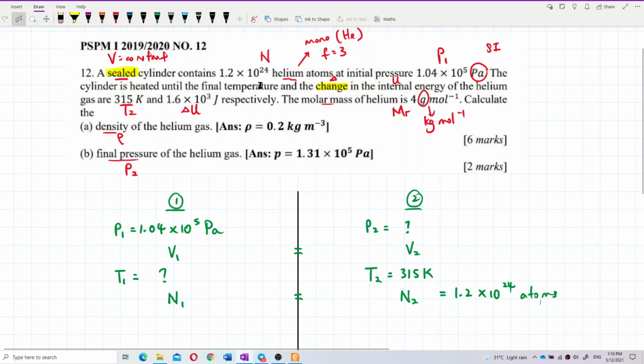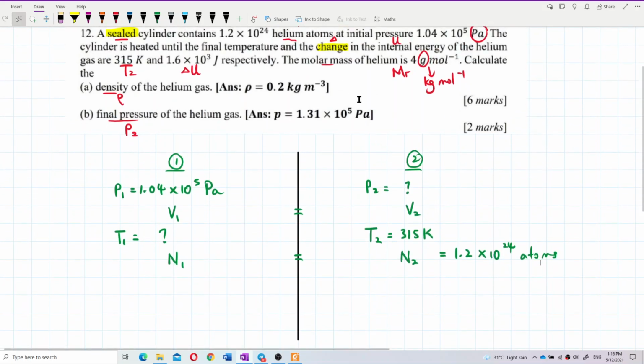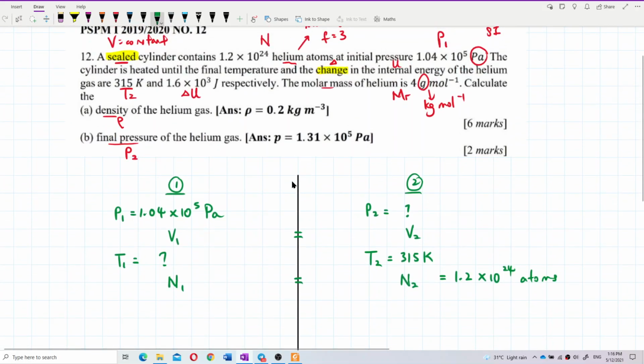And what else do we know about them? The change of internal energy, molar mass. Okay, write down the molar mass somewhere, maybe over here. Molar mass of the helium is 4 gram per mole.